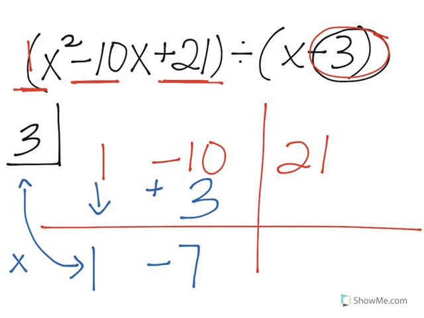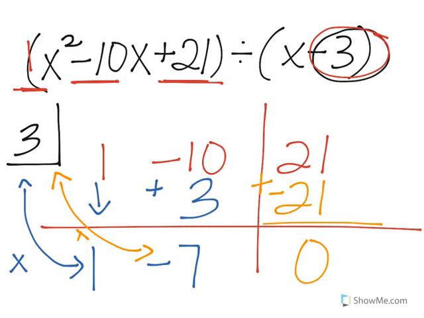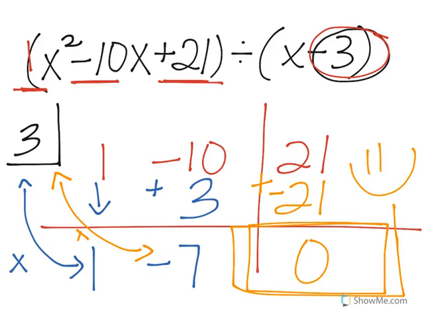Then we go ahead and multiply the negative 7 times 3, and we put it right here, and we get negative 21. 21 plus negative 21 is 0. So because there's a 0 in this box, that means there is no remainder. Yay, that makes me happy because that makes it really easy.